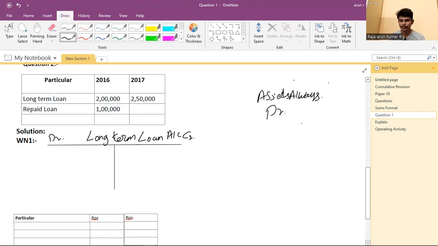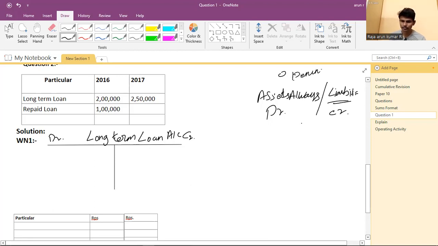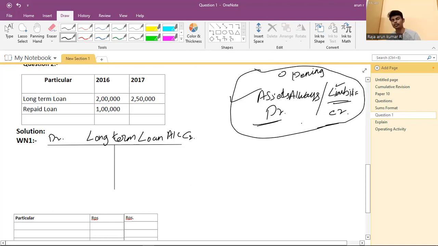If an opening balance is given for a liability, you start with the credit side. This is the basic concept you must understand before working on cash flow statement working notes. Then you can understand whether there is a negative or positive value in that figure.